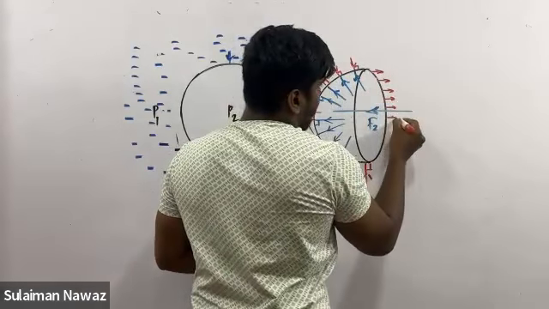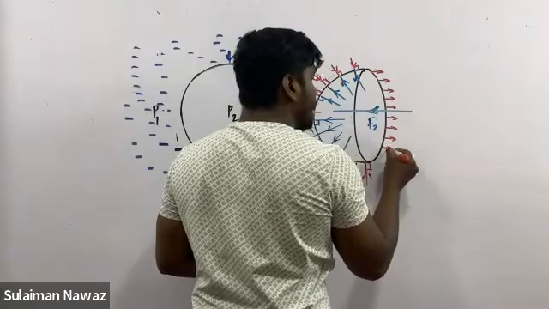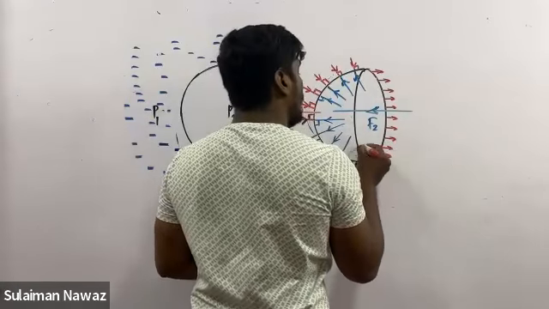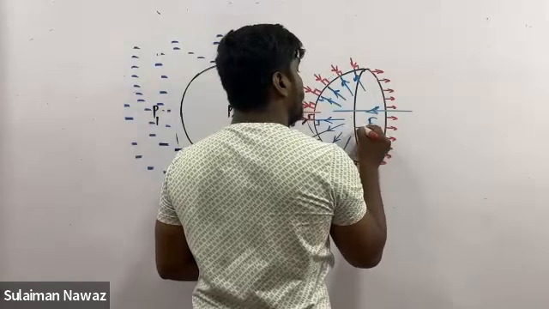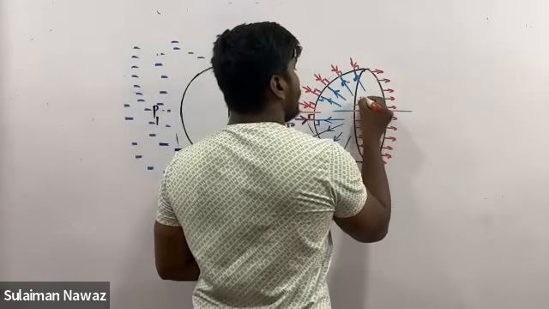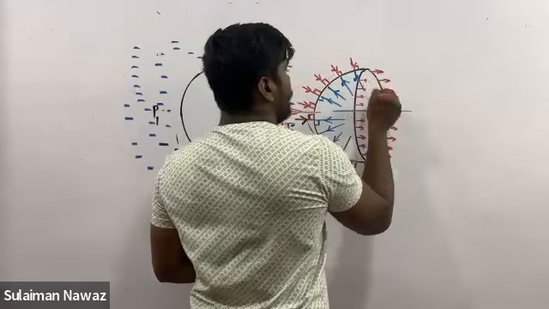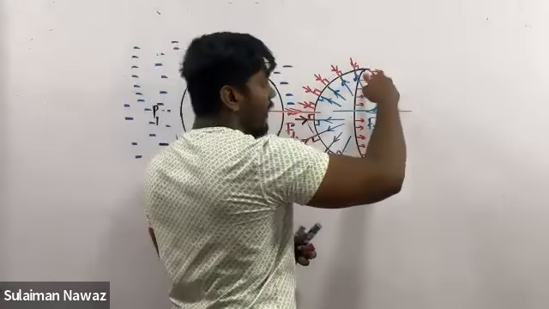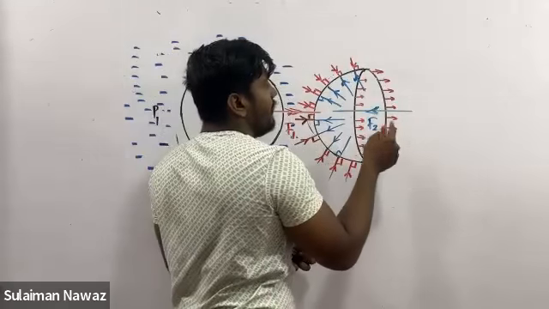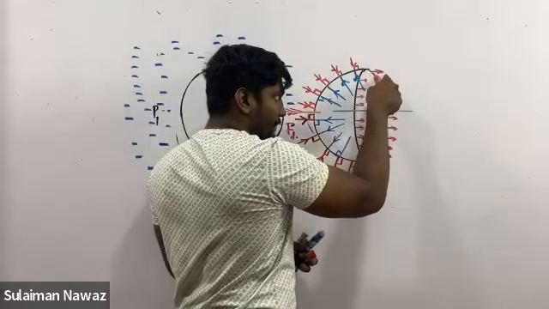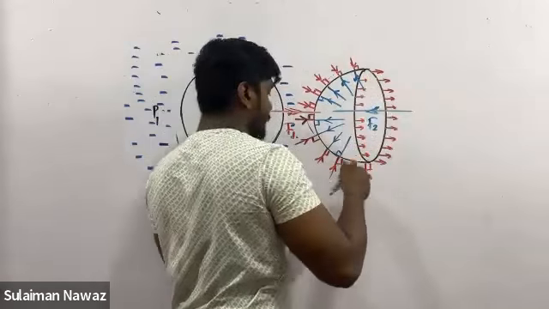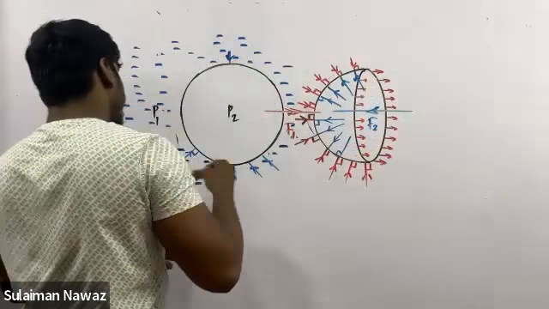If I find the resultant surface tension force acting on this half of the bubble, how much will it be? The radius of the bubble is simple r.